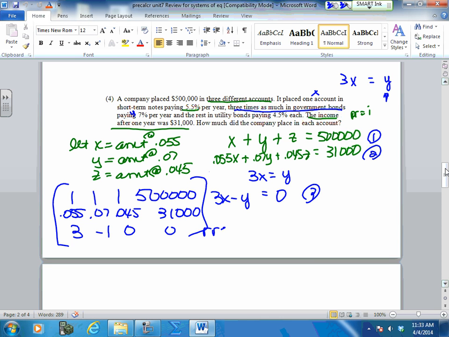RREF, and we'll find out that at X amount, at 5.5%, we have $100,000. At Y, which was 3 times the amount at X, if you remember from our equation, $300,000. And at Z, he had $100,000.